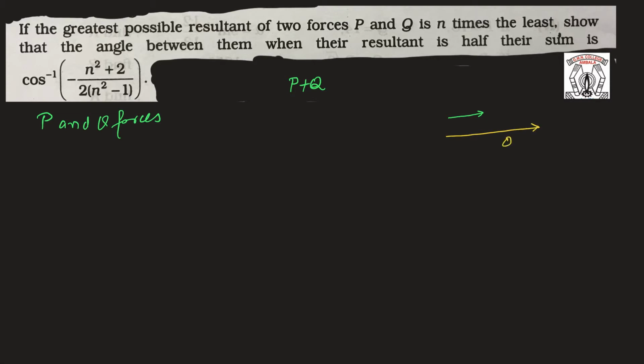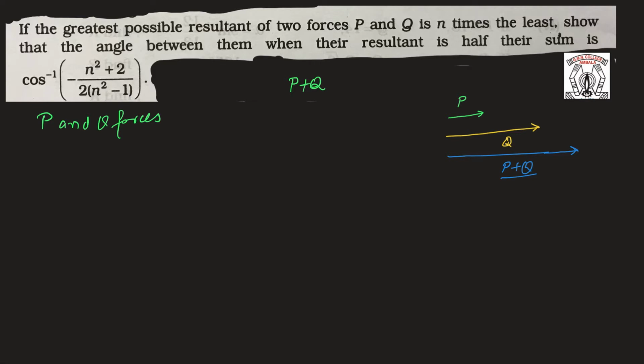This is Q and this is P. In that case it simply adds up and gives the resultant P plus Q.